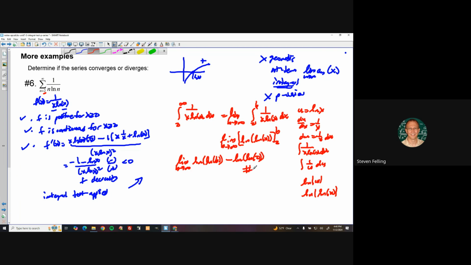This is definitely a number, but natural log of b goes to infinity, and the natural log of infinity is infinity, which means that this integral is diverging. The integral diverges, and therefore we can say the series from n equals 2 to infinity of 1 over n natural log of n diverges by the integral test.